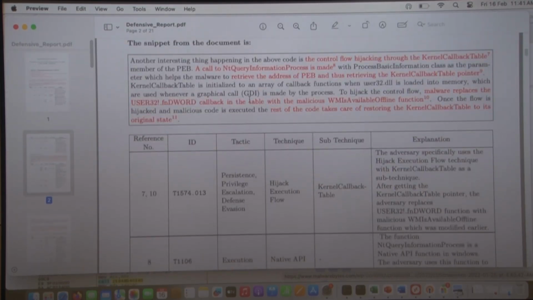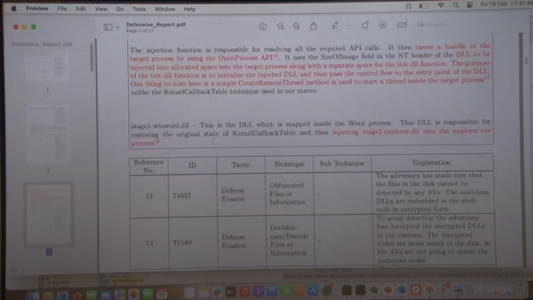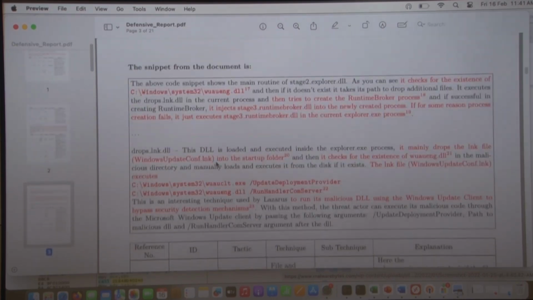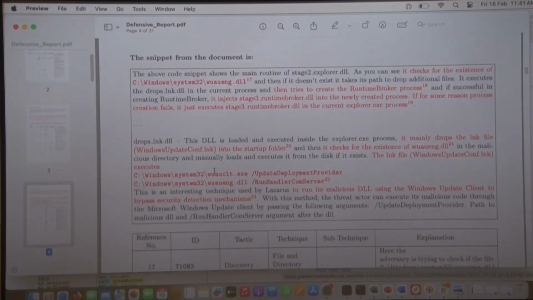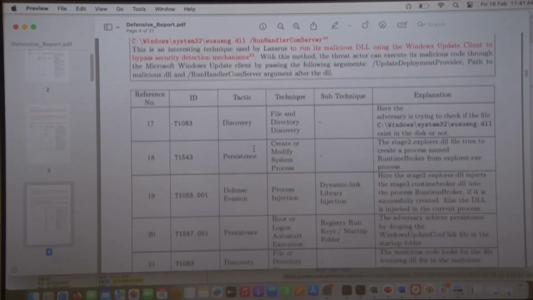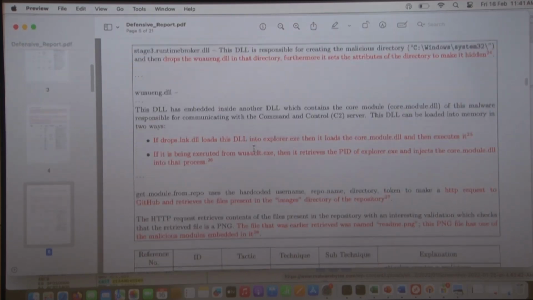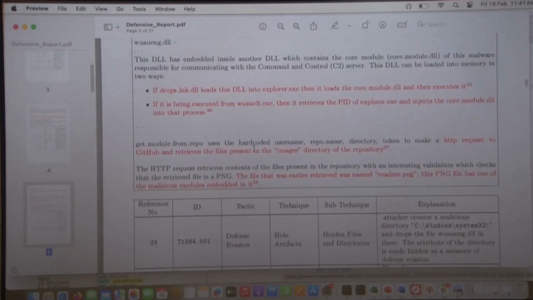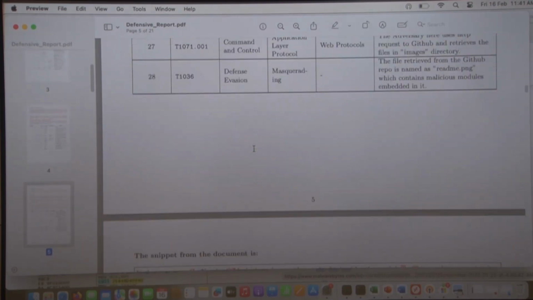Further, for the other parts of this report, we have mapped each sub-part. There is a text present in the report and its corresponding TTP here, and the details of how this TTP was executed in the victim environment.